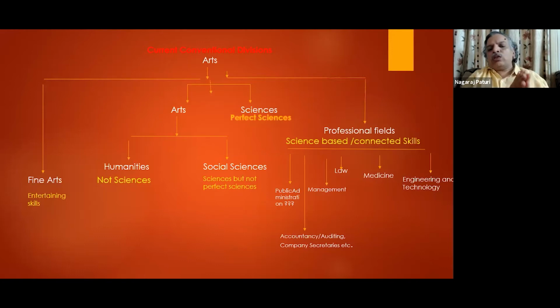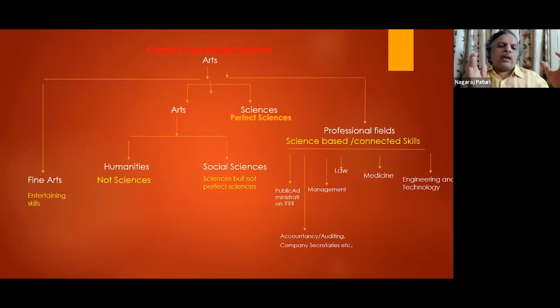chemistry, botany, zoology, all such sciences got classified under sciences, basic sciences. And you have arts. Even today, in most universities, there is a school of arts or faculty of arts, or they call it an arts college.